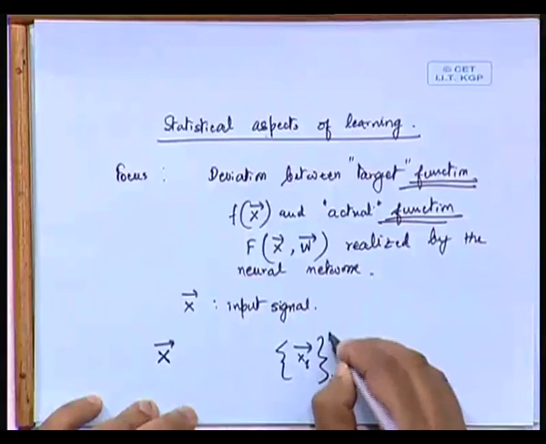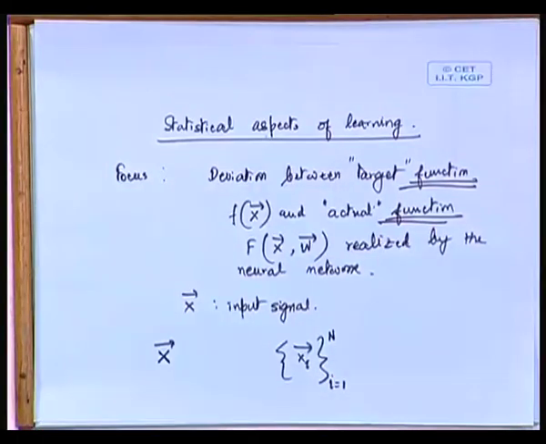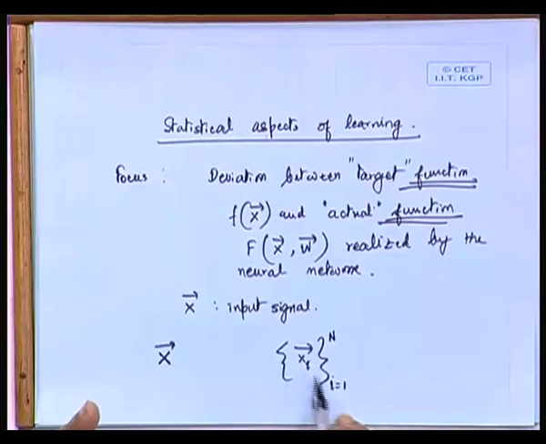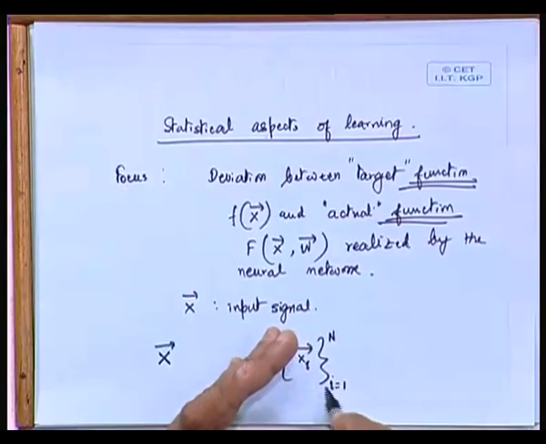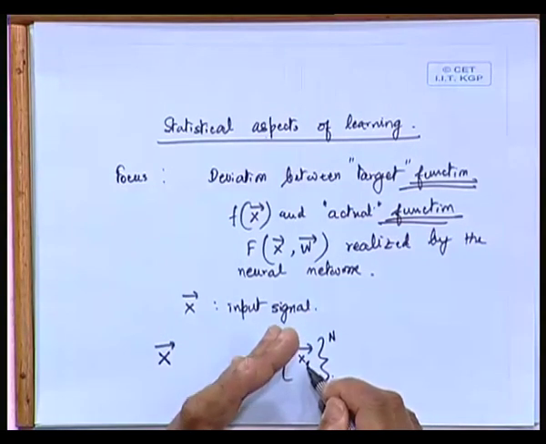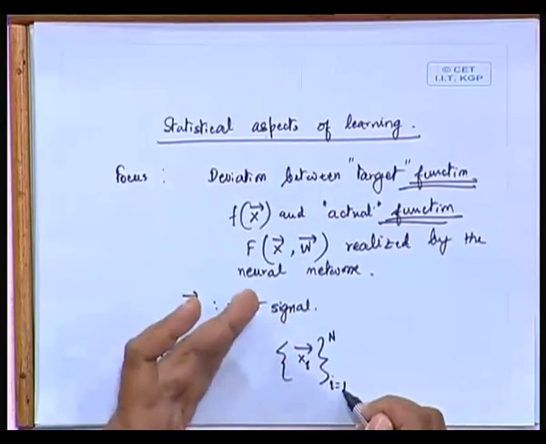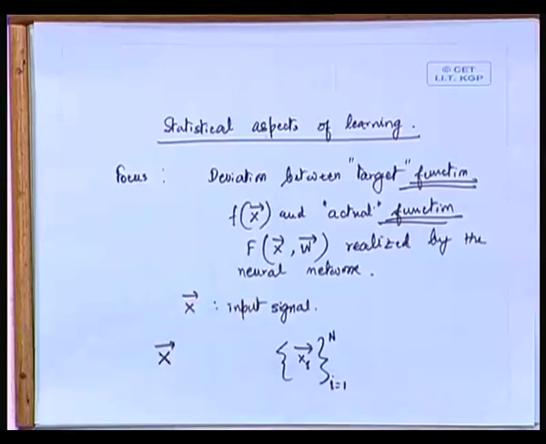So, I get a set of xi vectors for i equal to 1 to n, meaning what? Meaning again X is a random vector and I am taking its particular instance xi. Xi is the ith instance of the vector, and how many such instances have I gathered? i equal to 1 to n.